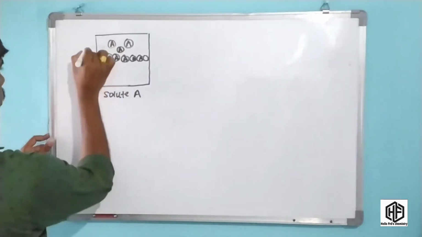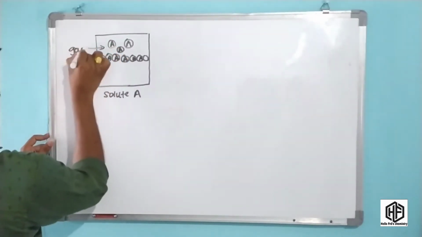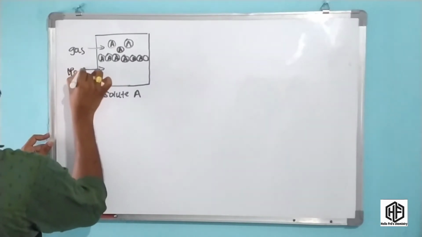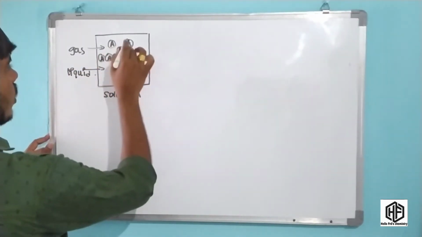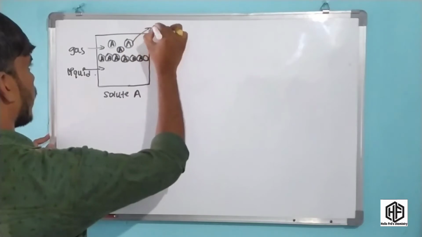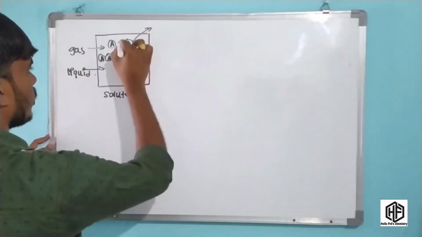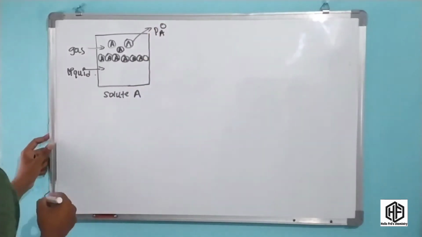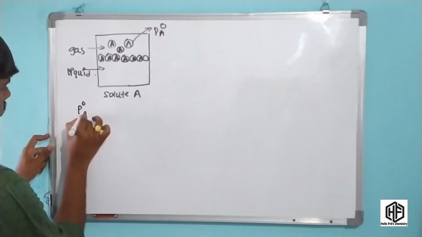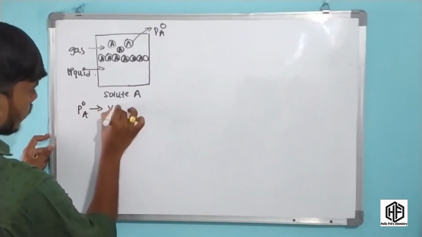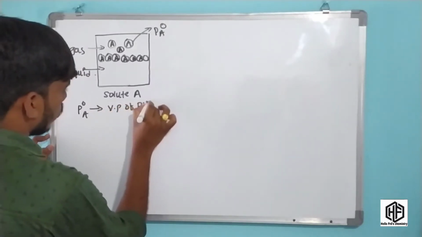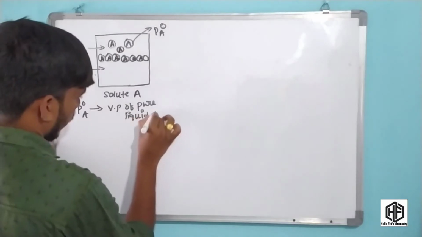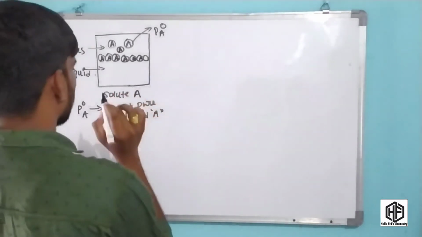These are the vapor molecules, which means gaseous molecules, and these are the liquid molecules. The pressure of these vapor molecules is PA0. This PA0 is the vapor pressure of pure liquid A, and this is the solute.